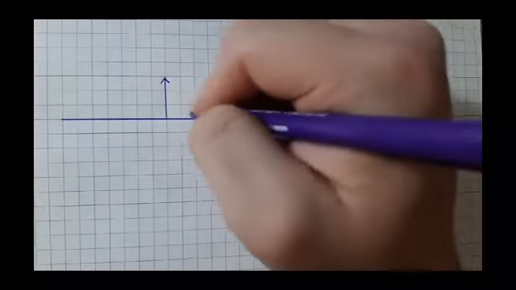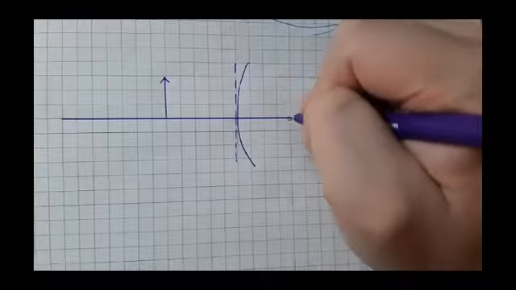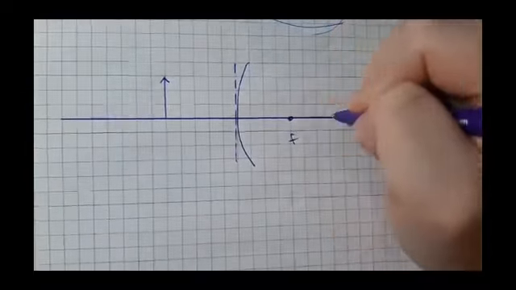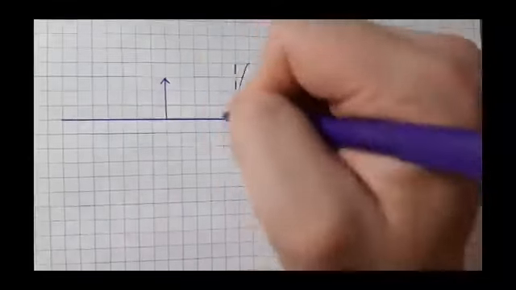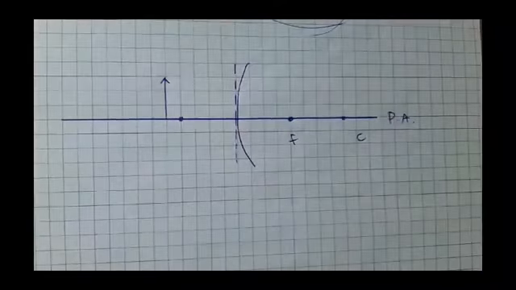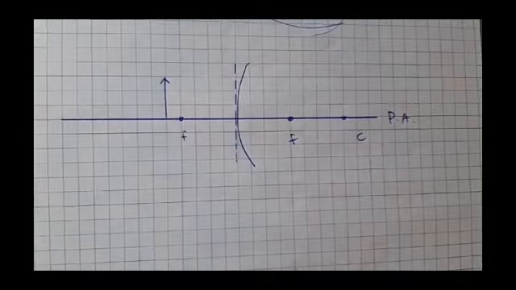So 1, 2, 3, 4, 5. 1, 2, 3, 4, 5. So 4. 1, 2, 3, 4. C. Something like that. So I draw. There you go. That's F. And the focal point can be located on either side. So let's deal with this question.